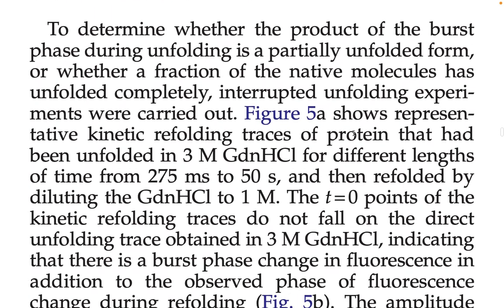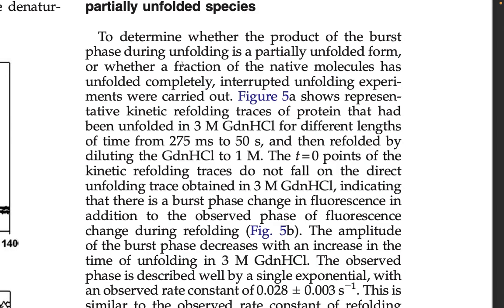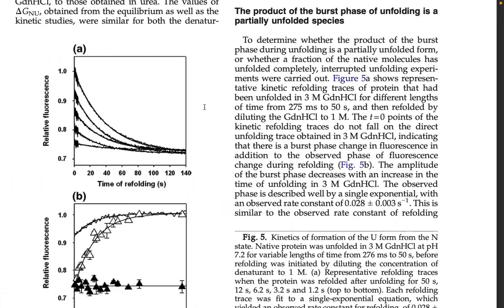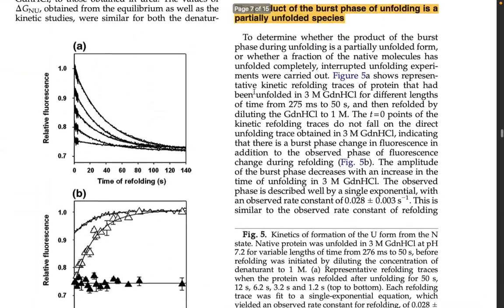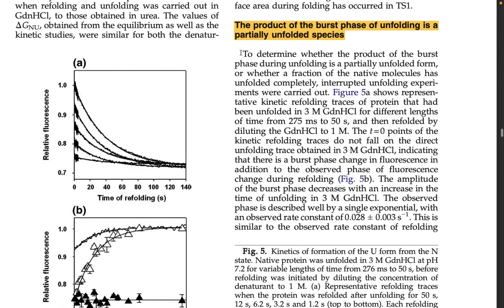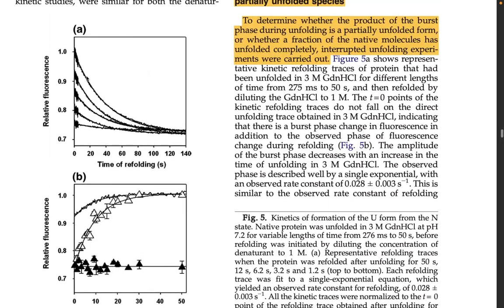To determine whether the product of the burst phase during unfolding is a partially unfolded form or whether a fraction of the native molecules has unfolded completely, interrupted unfolding experiments were carried out. So this is the argument about the intermediate, I guess. Let us see figure 5a. So, this is figure 5a.